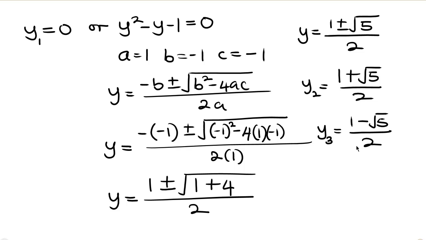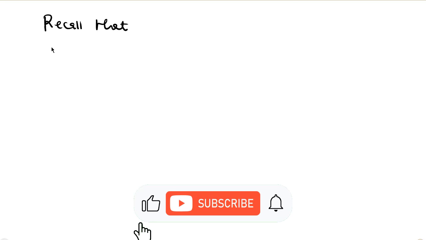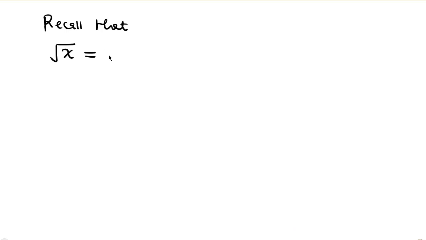Very good. So now let's go ahead to look for the values of x as the question requires. Now to get the values of x, recall from our substitution. So recall that we said let the square root of x be equal to y. Good.